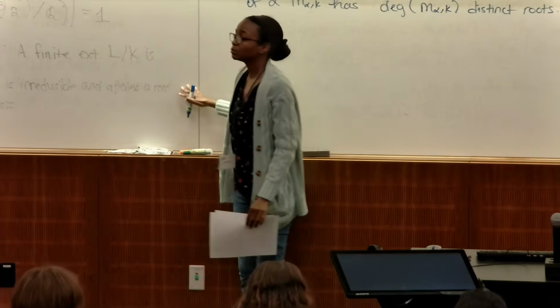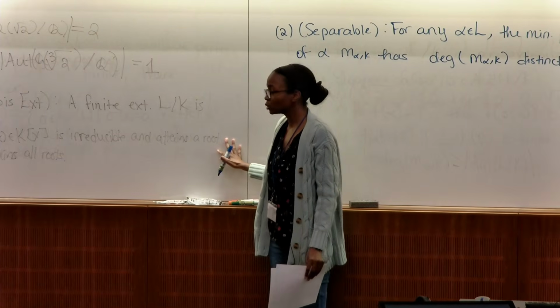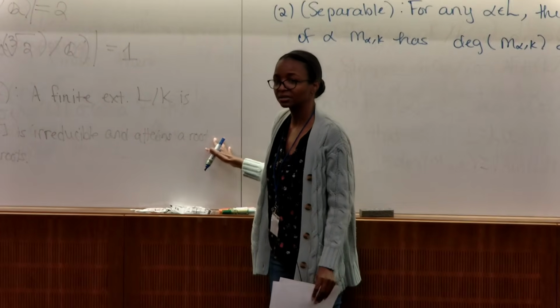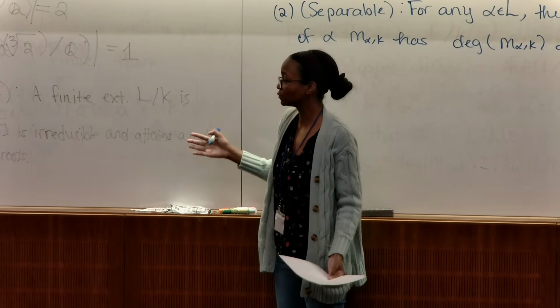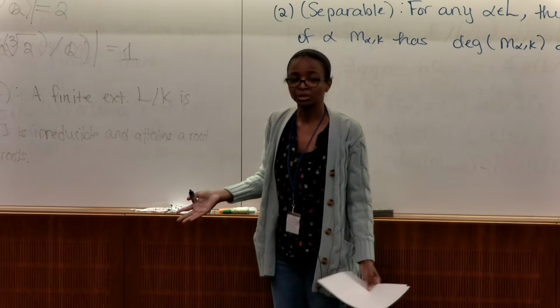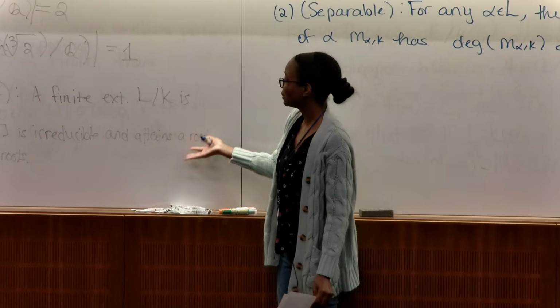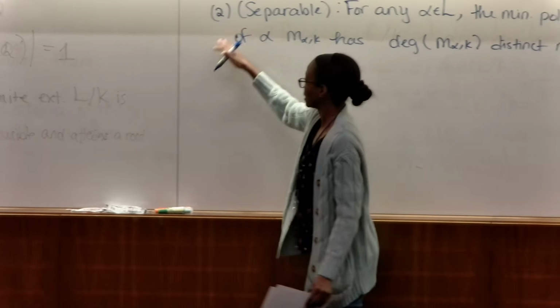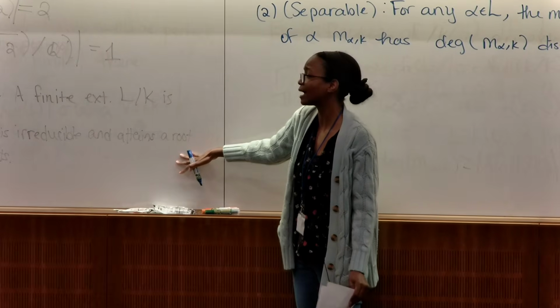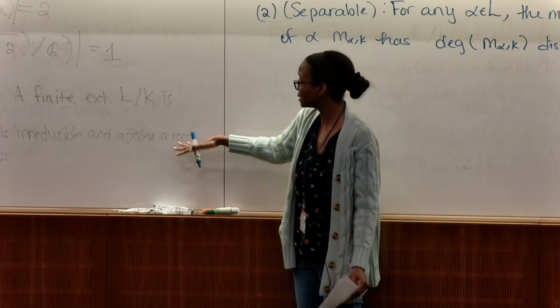This definition is important. It can feel a little bit hard to work with, especially in practice. Like if I give you some finite extension of Q, some random number field, and I ask you, is this a Galois extension? I mean, I already told you this is the condition that we most concern ourselves with. This is a thing that you can check, but how do you actually know that an extension is Galois?